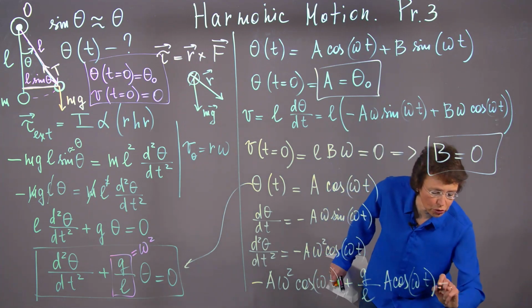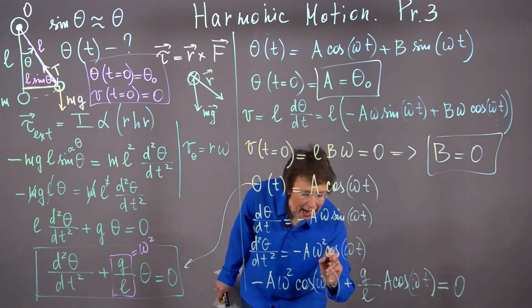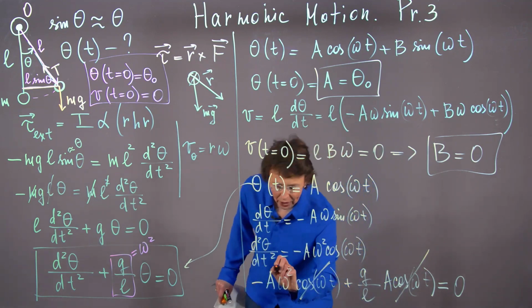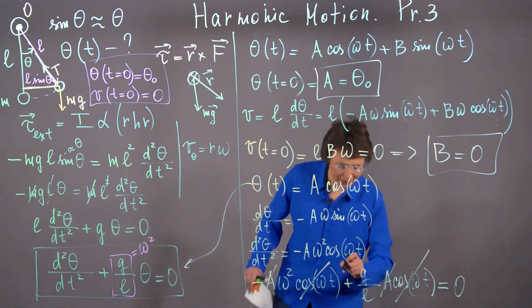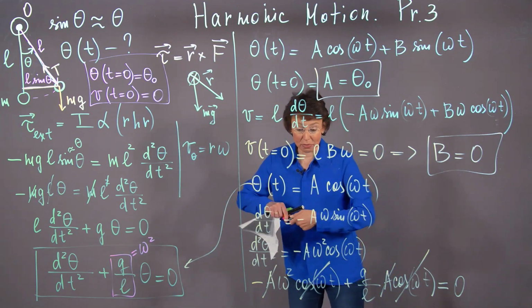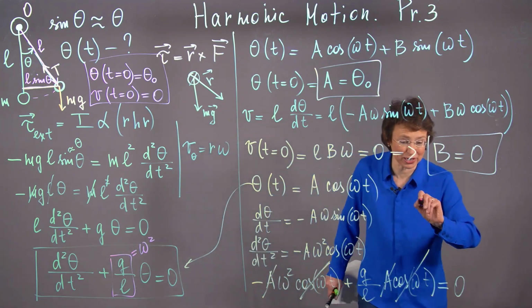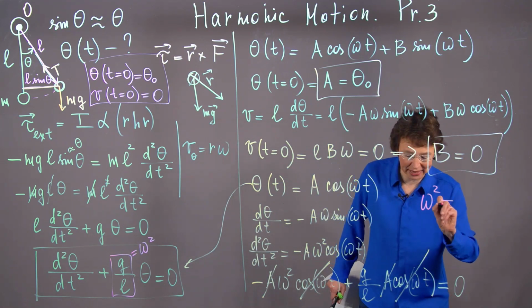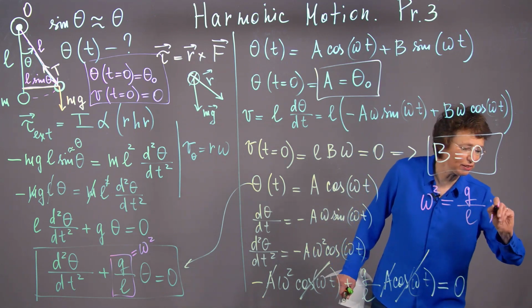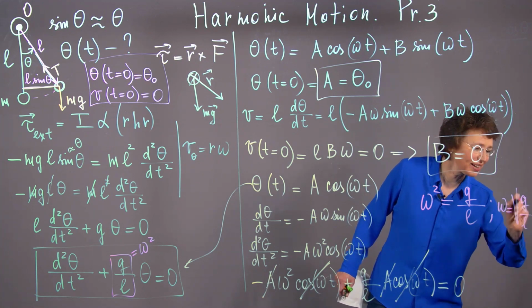And this is equal to 0. This is my equation. Now I divide by cosine, I divide by A. What is left? We have minus omega squared plus g over L is equal to 0, which gives me omega squared as g over L, or it gives me omega as square root of g over L.